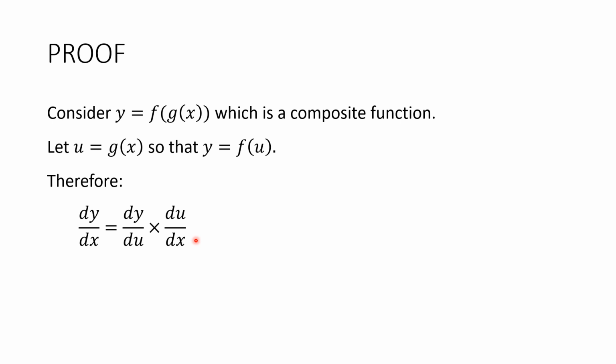Can you see that that's true? Because the du's could cancel out. Now dy du, well, that's equal to f dashed of u, and du dx is equal to g dashed of x. And then let's just replace this u with g of x, and there's the chain rule.